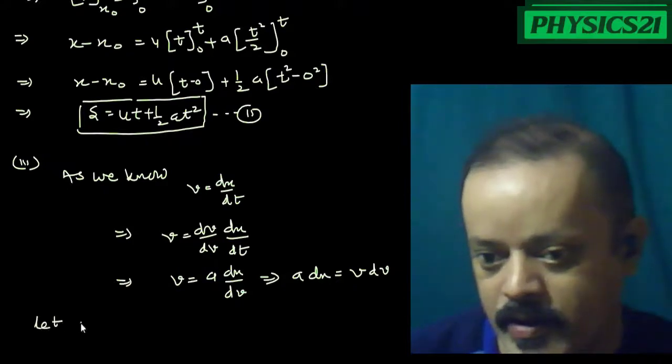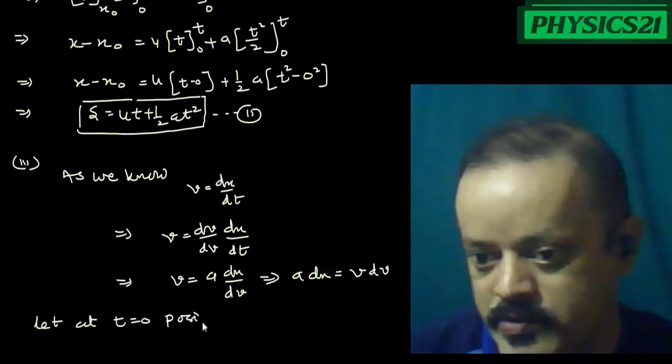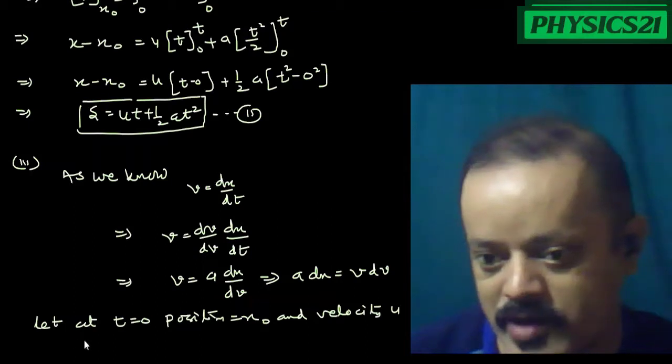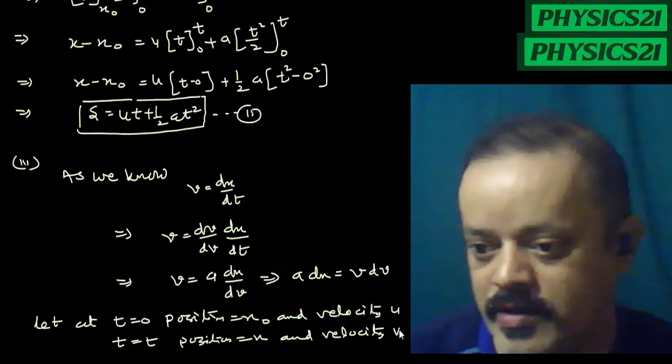Let at t is equal to 0, position x naught and velocity u. After time t, means at t is equal to t, position x and velocity v.